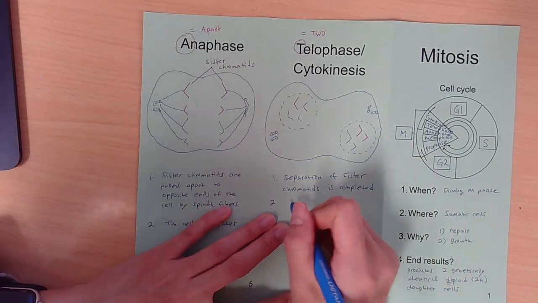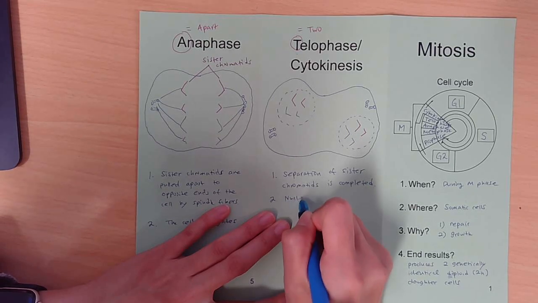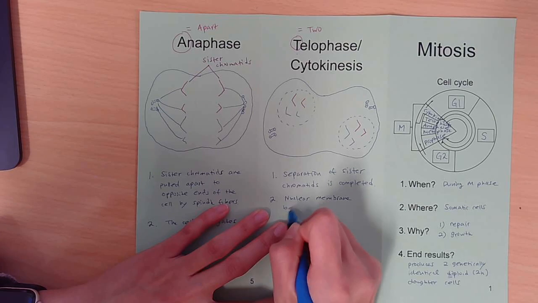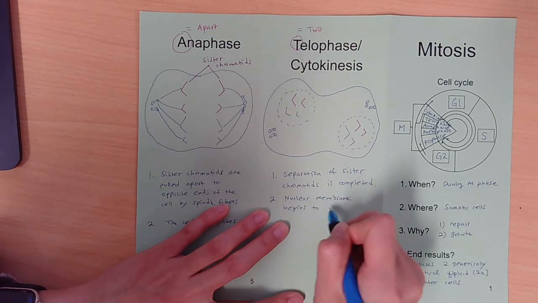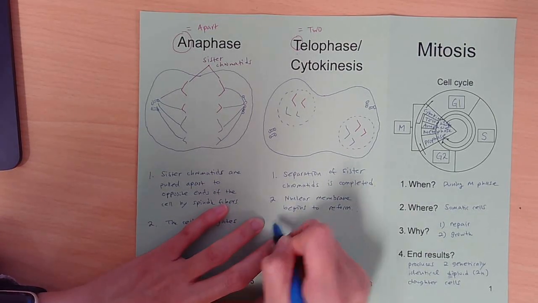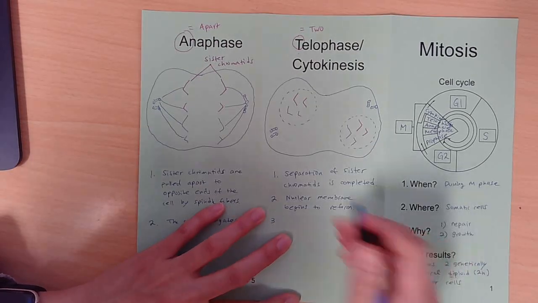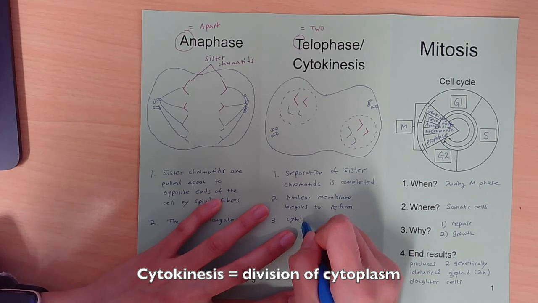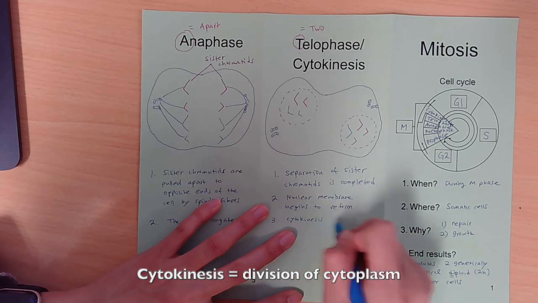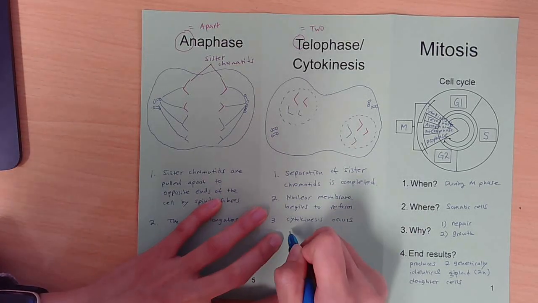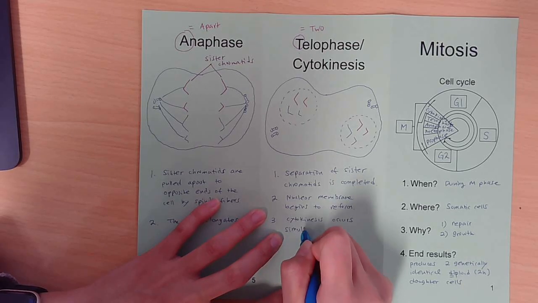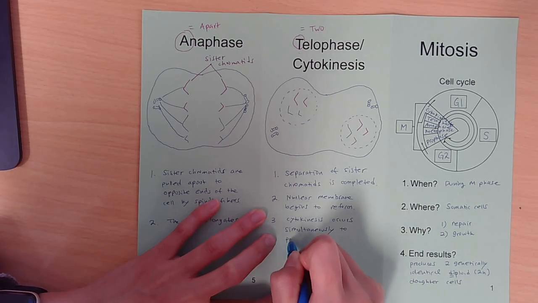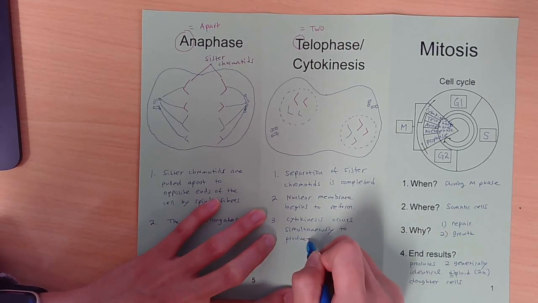And the nuclear membrane begins to reform. And cytokinesis, the division of the cytoplasm, begins to proceed. To produce two daughter cells.